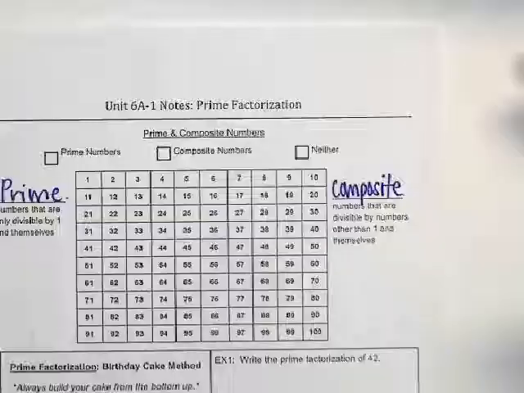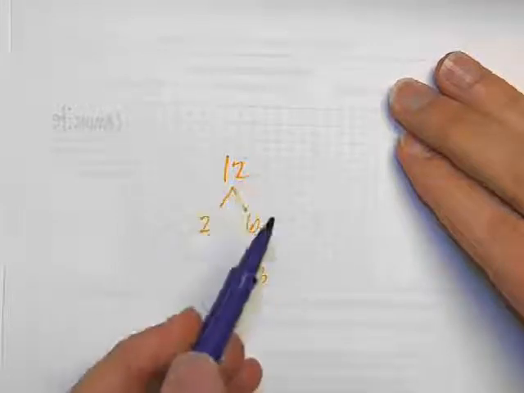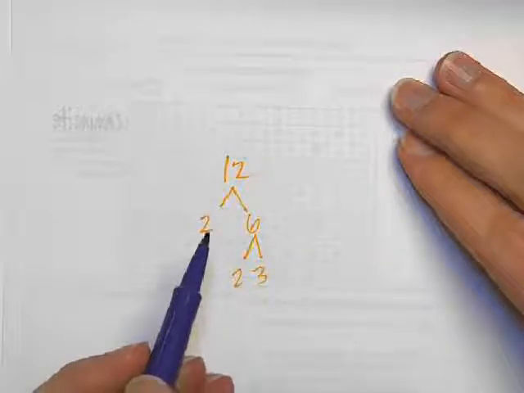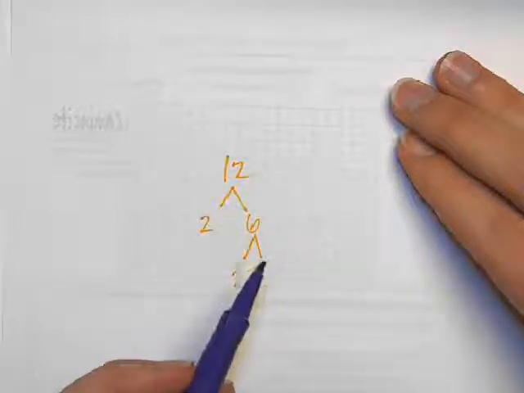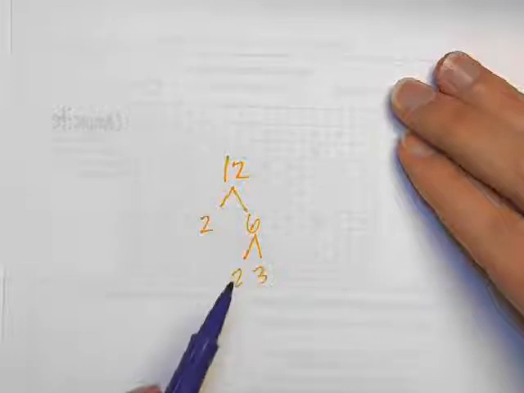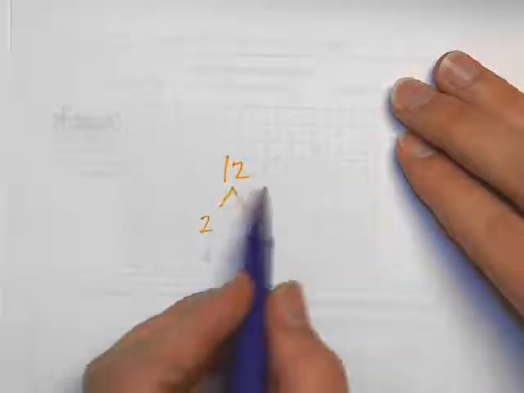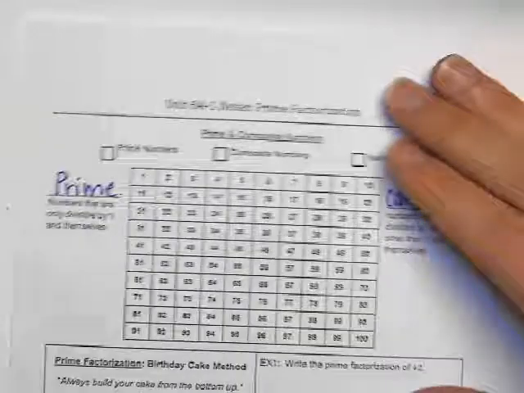So here, 12 is composite because you can divide it. 2 is prime because there are no numbers that can go into it except for 2 and 1. 6 is composite because it can be divided by 2 and 3. 2 is prime because it can only be divided by 2 and 1, Ethan. 3 is prime because it can only be divided by 3 and 1. Does everybody understand composite and prime? If it can be divided, like 12 got divided by 2 and 6, then it is composite.